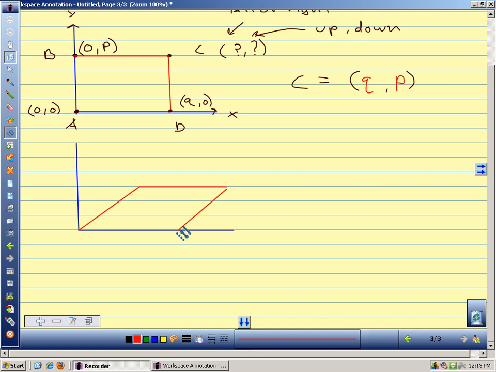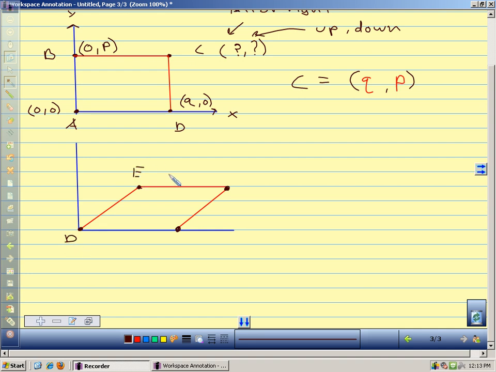So there's my parallelogram. And we're going to call the parallelogram DEFG. So we're going to say DEFG is a parallelogram.